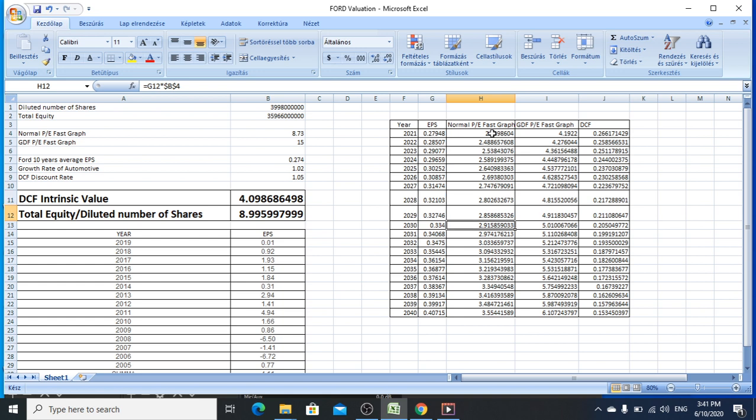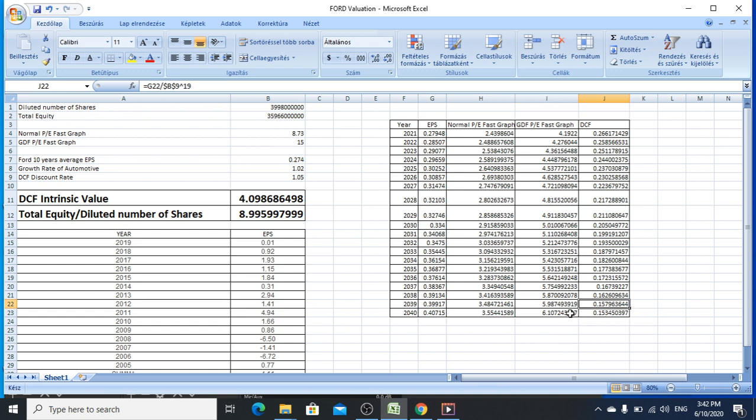the price of the company or the valuation based on normal PE. You see, this is much lower than the current price, and also based on the 15 PE, the company is still expensive, and by 2040 the expected share price based on that is 6 US dollars.